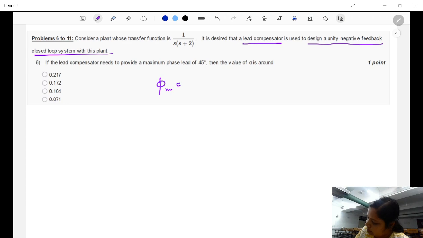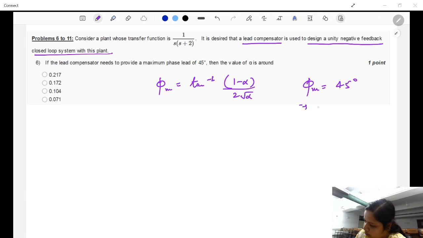So it is going to use the same formula that we used last time also. It's phi m is tan inverse of (1 minus alpha) upon (2 root alpha). Okay. Since we want phi m to be equal to 45 degrees, tan of 45 degrees is 1, right? So you'll have 1 here when you take tan on the other side as well.